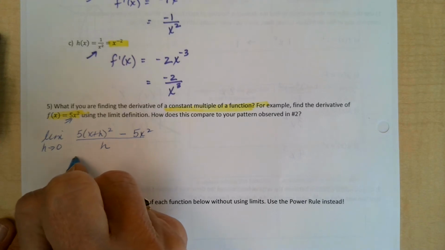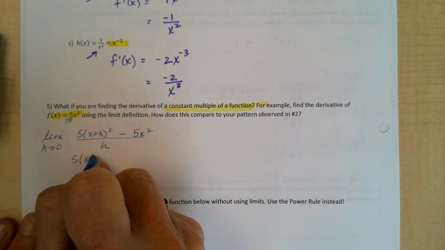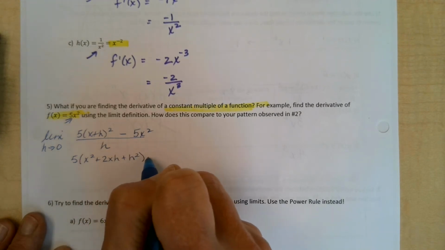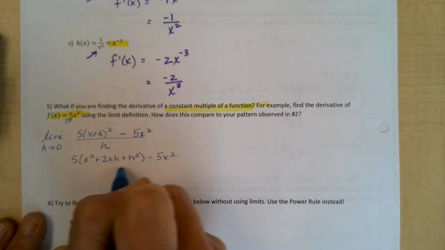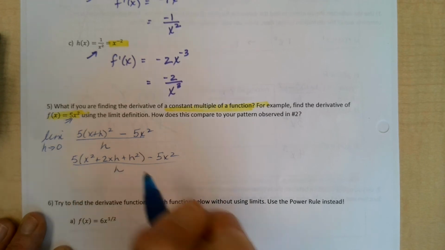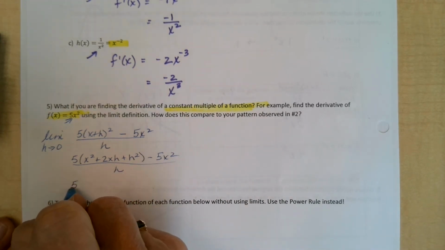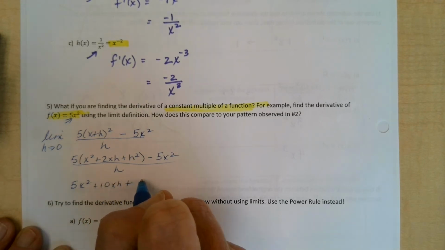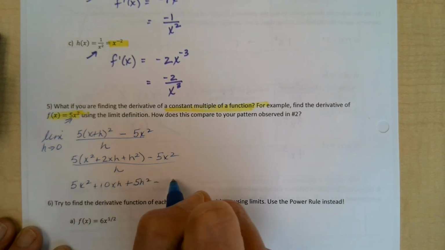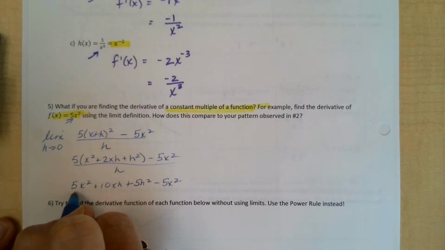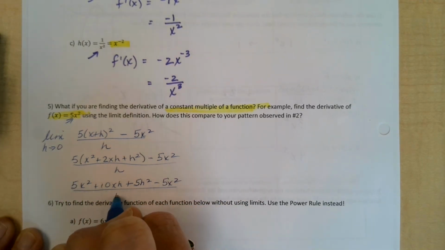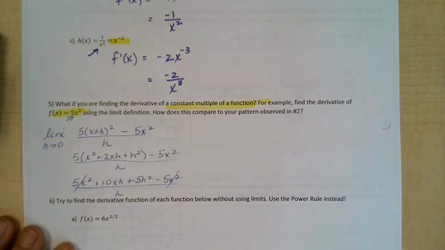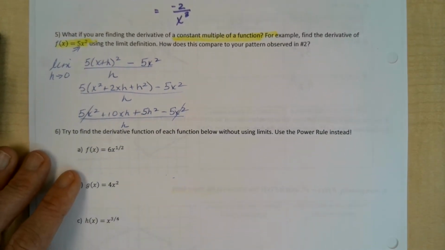So I'm going to have 5 times x squared plus 2xh plus h squared minus 5x squared all over h. So I'm going to have 5x squared plus 10xh plus 5h squared minus 5x squared all over h. Here's my 0 pair, and that's how I lose that power.